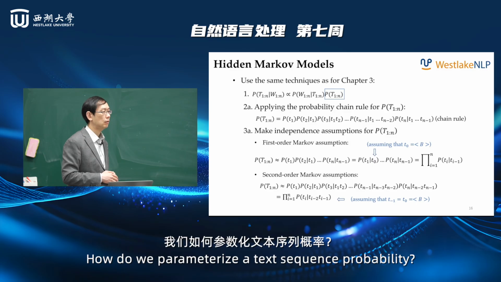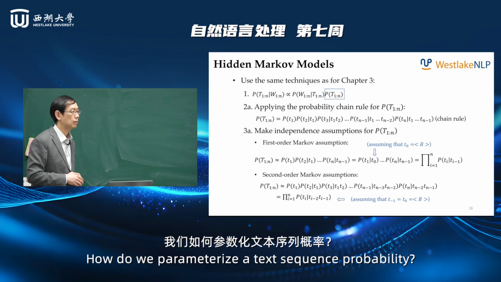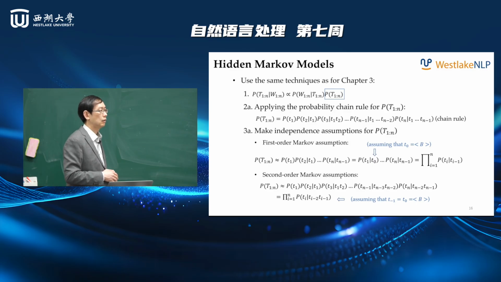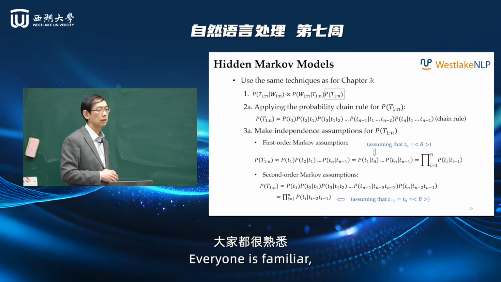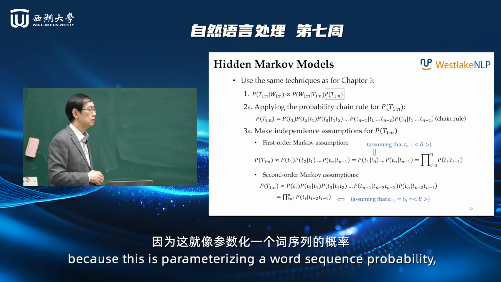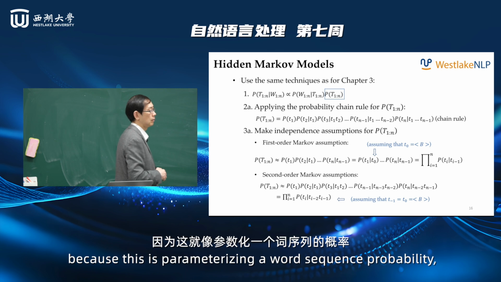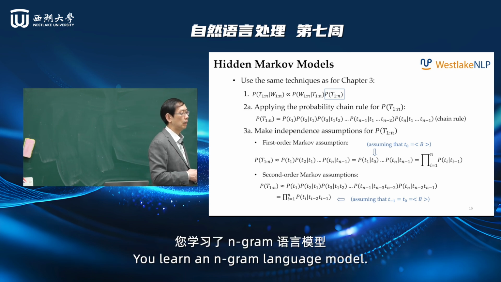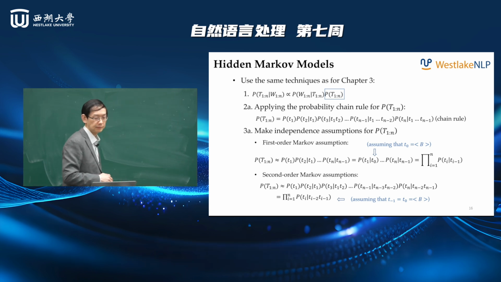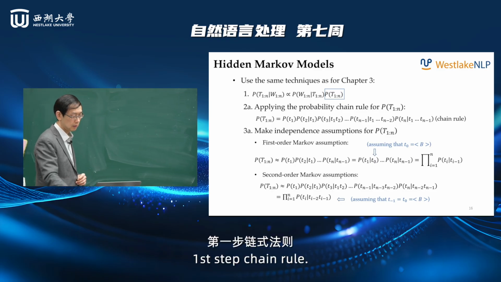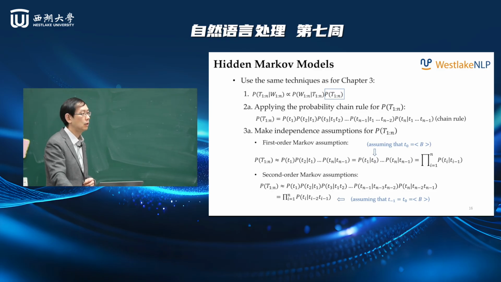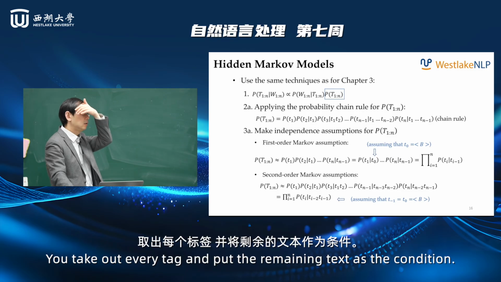How do we parameterize a tag sequence probability? Everyone is familiar because this is like parameterizing a word sequence probability, right? You learned the n-gram language model. First step, chain rule: you take out every tag and put the remaining tags as the condition, right?